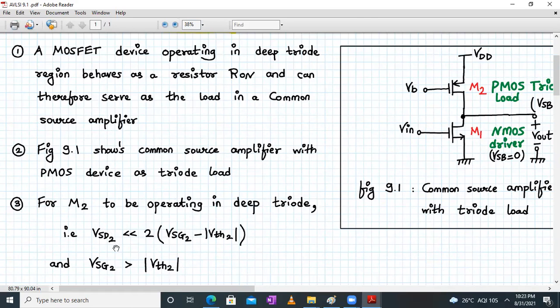Its VSD2 value should be much smaller compared to twice VSG2 minus mod of VTH2. And the second condition is that VSG2 should be greater than mod of VTH2. If M2 satisfies this condition, we can safely say that it's operating in the deep triode region.